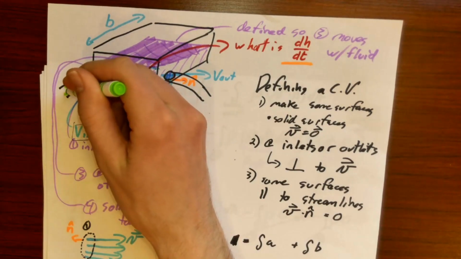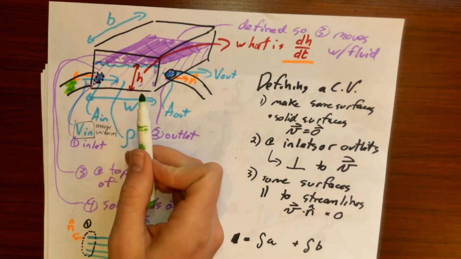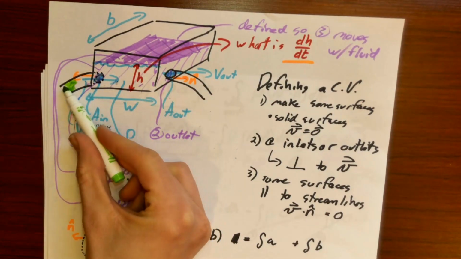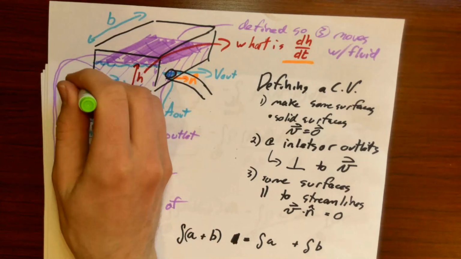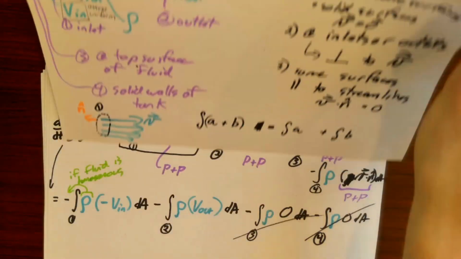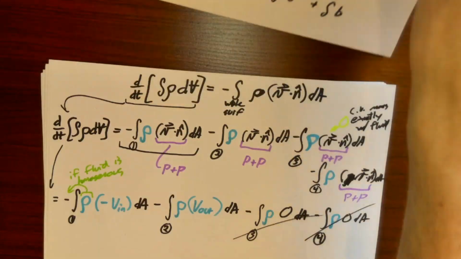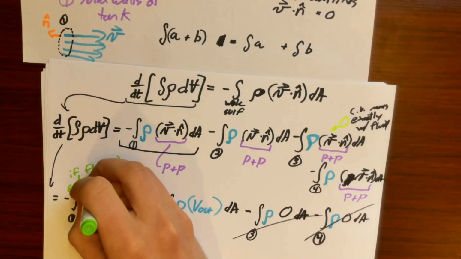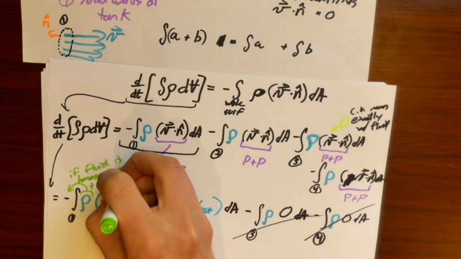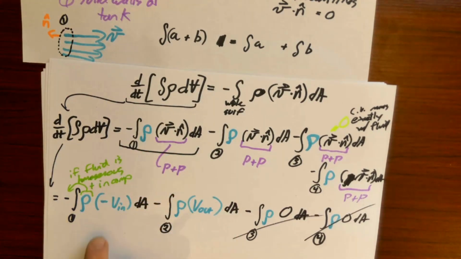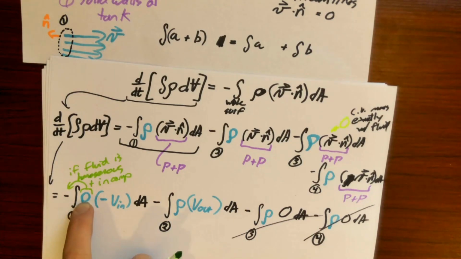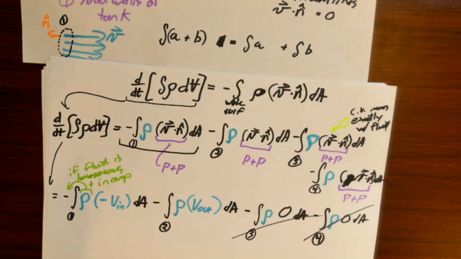If we're basically assuming that it's pretty well mixed, so it's the same type of fluid no matter where I am over this surface, so the fluid properties aren't varying over the surface. If the fluid is homogeneous and incompressible, then with respect to this surface 1, density is a constant, so it can pop out of the integral.